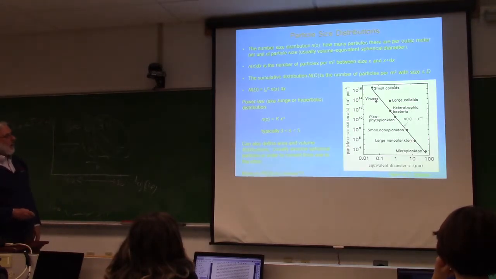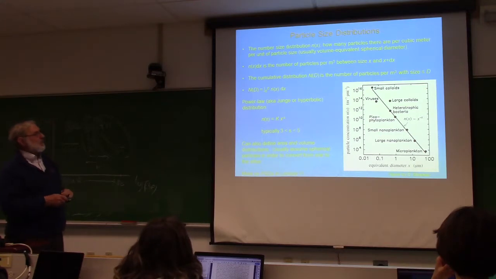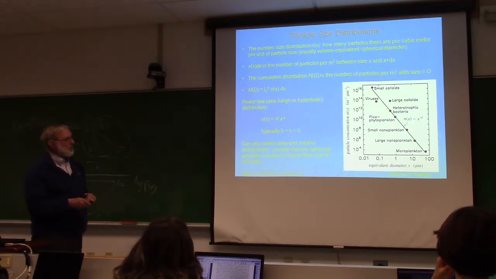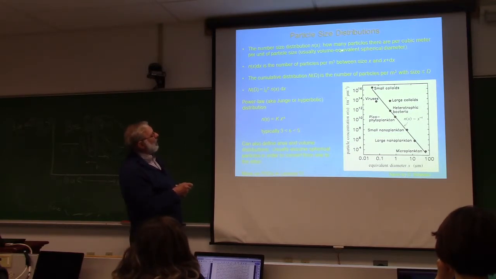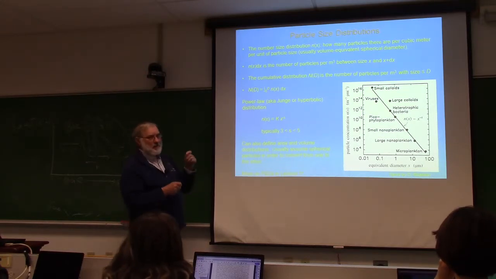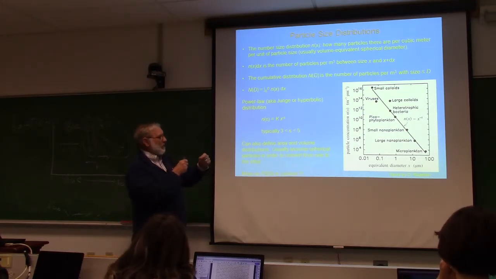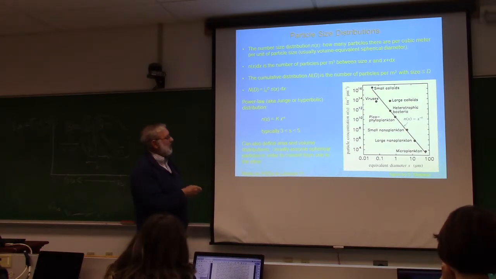Okay, Emmanuel is going to give you a detailed lecture on particle size distributions. You've already seen a figure like this from Colin. So here's what's called the, I've defined my little n of x as how many particles there are per cubic meter per unit particle size.